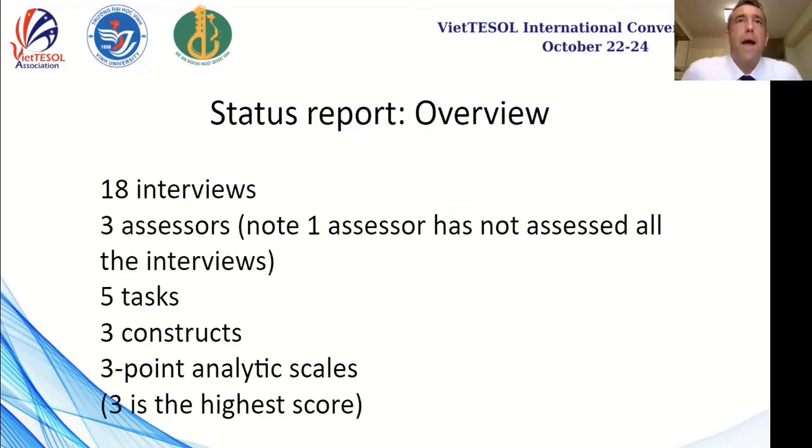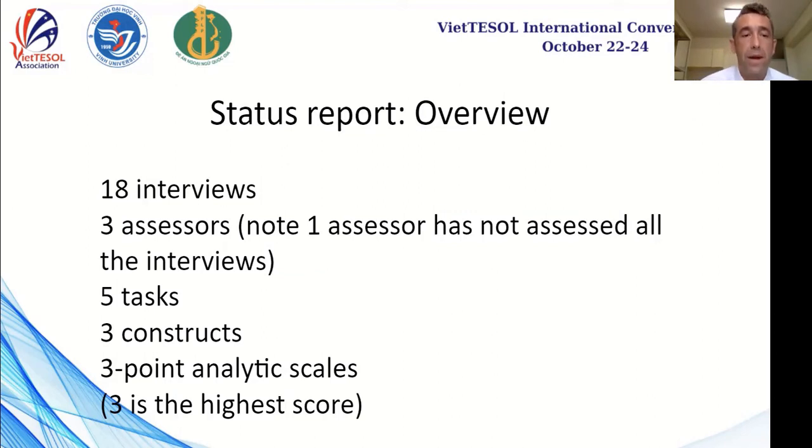Okay, from now, I'm going to provide a status report of where we are in the progress of making this test. And that's what the data that you will see from now is based on. We have conducted about 9 interviews, so we have about 18 test takers on film, but each interview has 2 test takers.